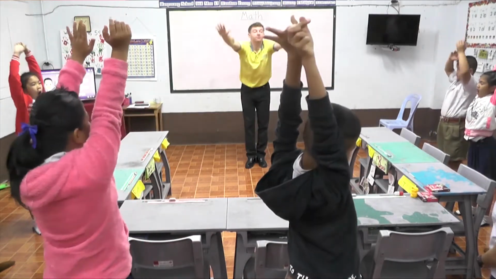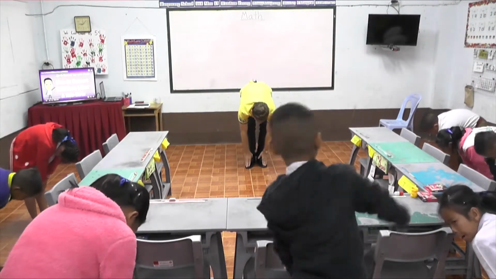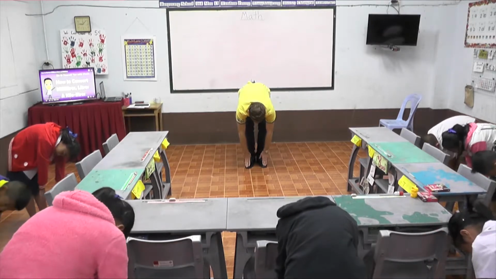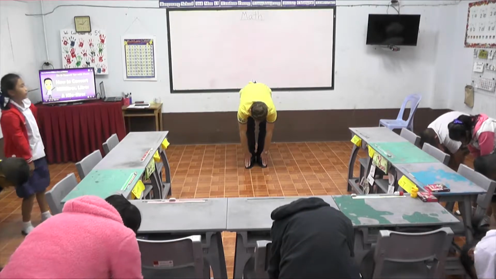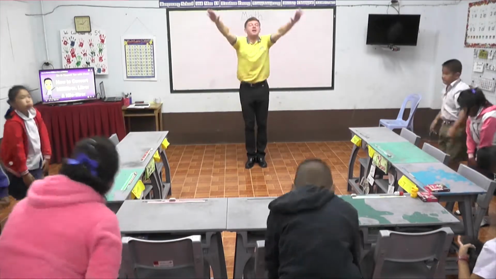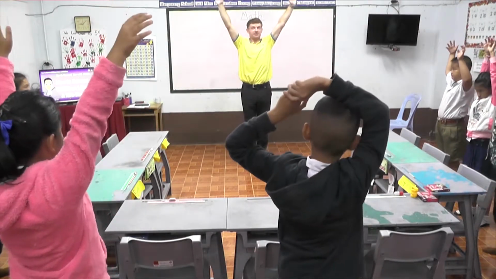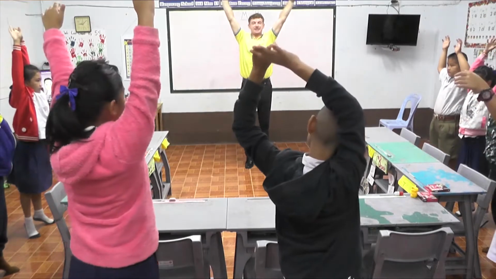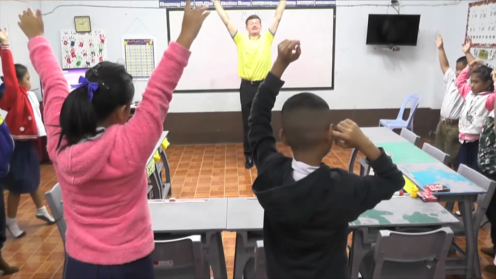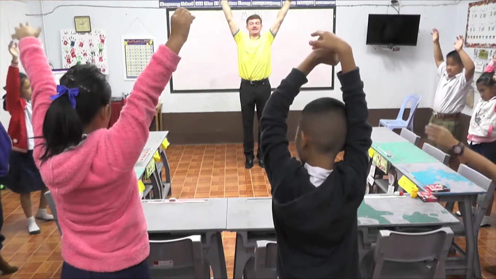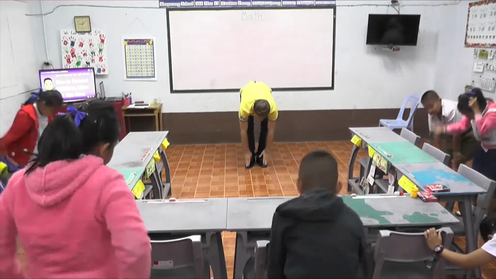And then let's go down low and touch our toes. Back up high, and this time can we go tippy toe high? Stand on our tiptoes and give a wave. And then we go back down and touch our toes.